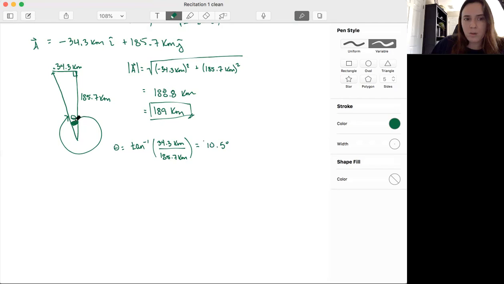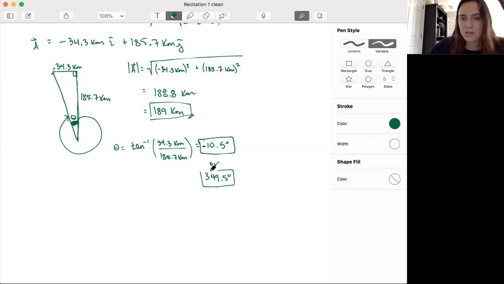So that's essentially what it's telling us here. Because we're measuring from y, the standard is to the right. So getting a negative answer just tells us that we're going to the left. So we can either report our angle as negative 10.5 degrees or 360 minus 10.5, which is 349.5.